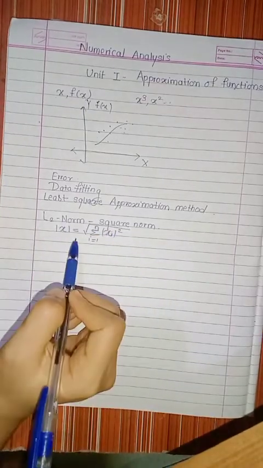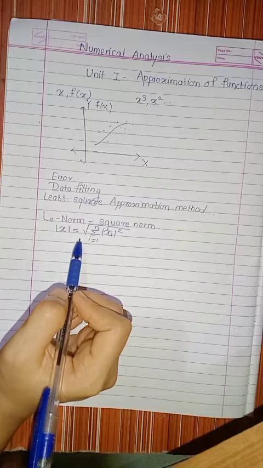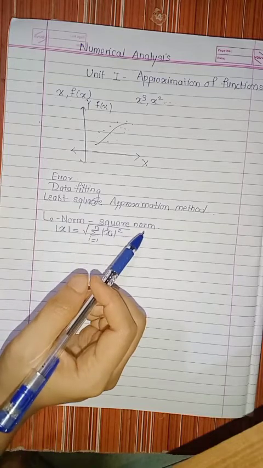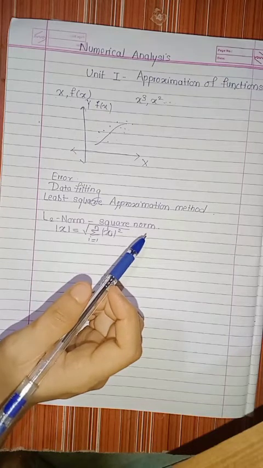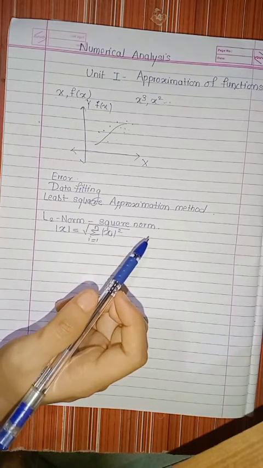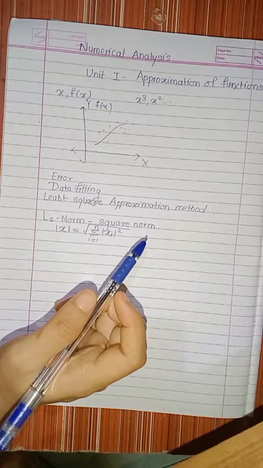Okay, so this is your L2 norm and we are going to use this L2 norm in this approximation. Now the best approximation is least square because the error is minimized with the help of the square value.